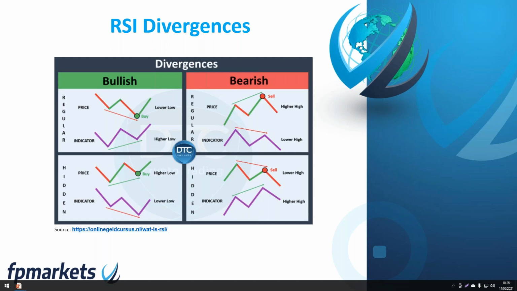So divergence is essentially a signal that the current trend on the chart being traded has lost momentum. It is the opposite of a confirmation signal, which is when the indicator and price are moving in a similar direction. So look, momentum, the speed of price change, as I'm sure most of you know, is helpful in assessing trend strength.